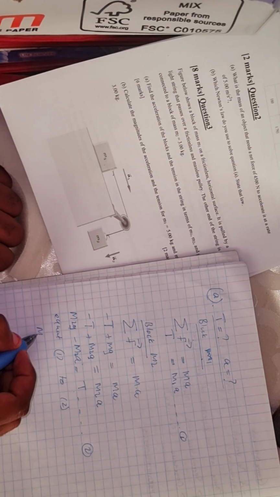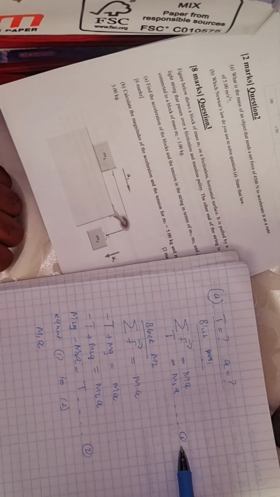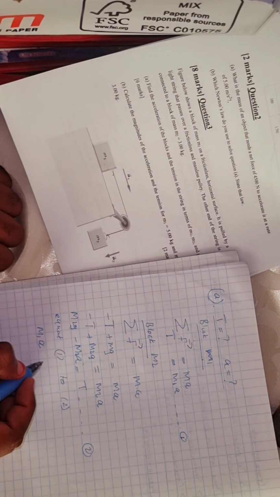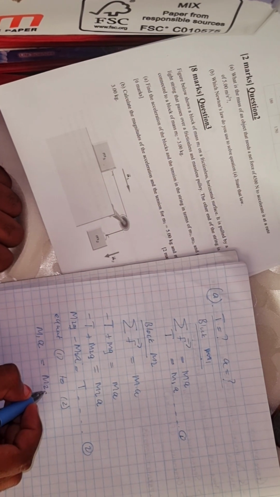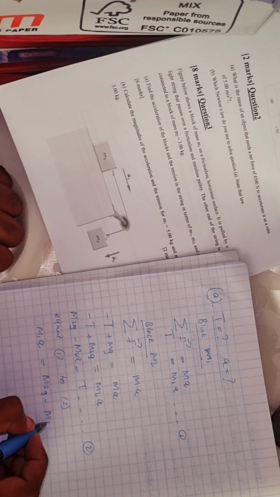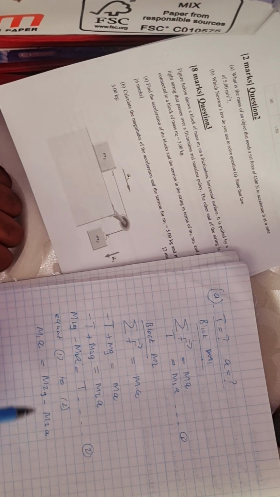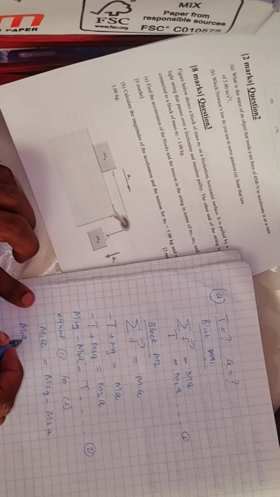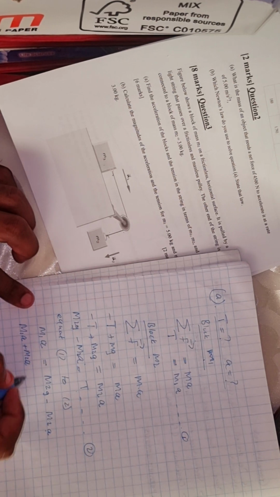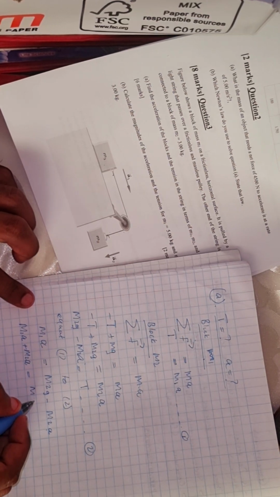That means M1A, which is this equation number 1, is equal to M2G minus M2A. And therefore M1A and M2A, we treat them as like terms due to the fact that they both have A. Now I'm going to transpose M2A to the other side of the equation. That means here I'm going to have M1A plus M2A is equal to M2G.